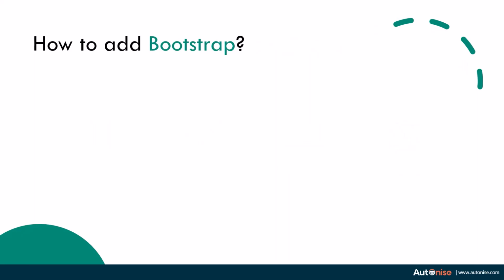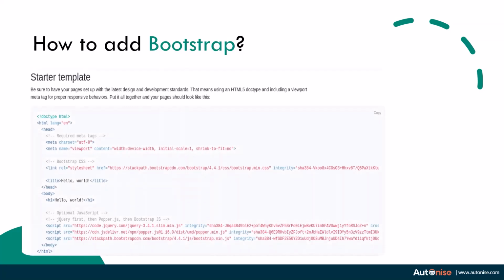So how do we add the Bootstrap library in our code? As you can see, this is the starter template which has the Bootstrap library already imported. How do we import the Bootstrap library? We go to the website www.bootstrapcdn.com.